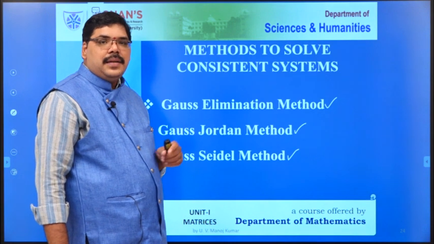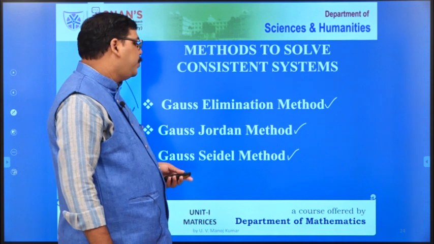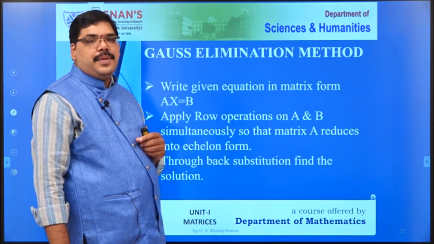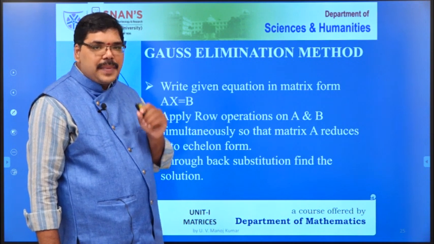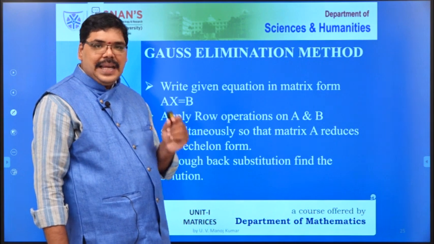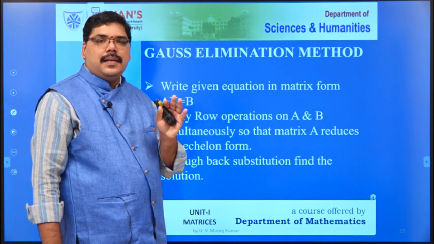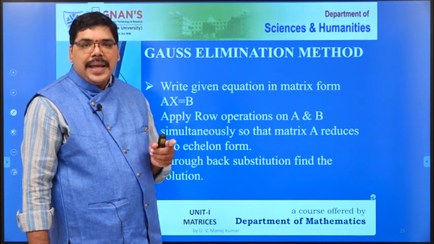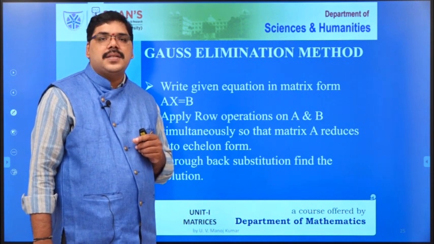Now we will see the first method, Gauss elimination method. What we have to do in this Gauss elimination method? We have to write the given system of equations in matrix form, Ax = b. After writing the equations in the matrix form, apply row operations.